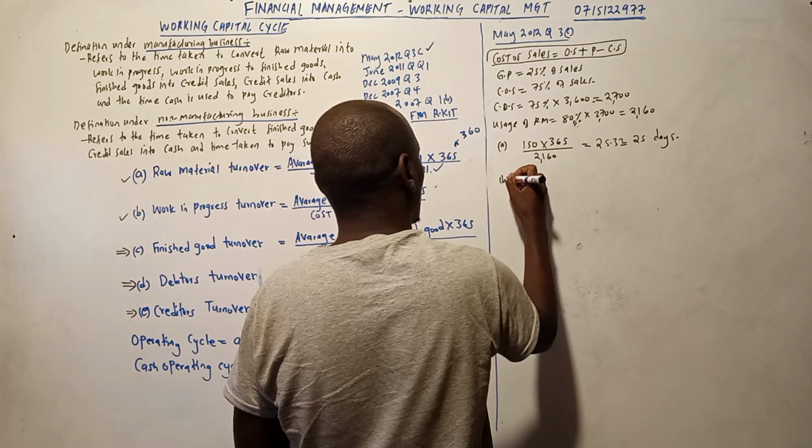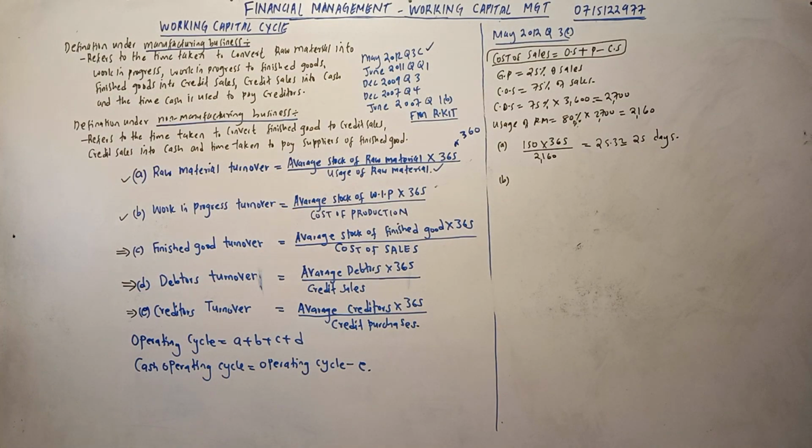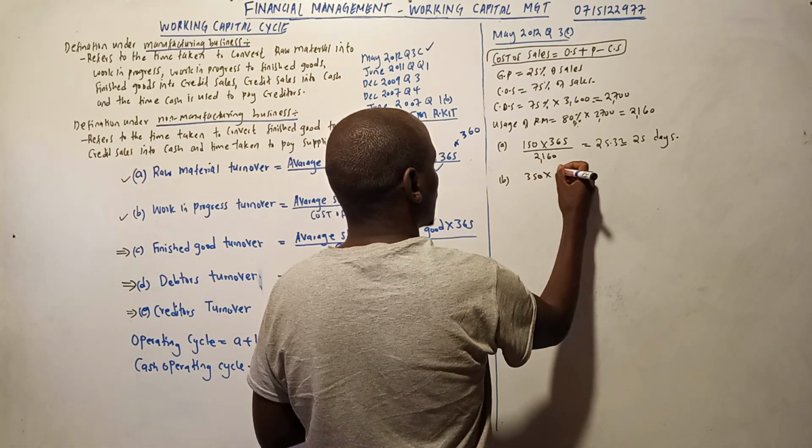Number B, work in progress. So for work in progress, we need the average work in progress, which is 350. Cost of production, do you have the cost of production? Cost of production is not given, so we go with cost of sales. So it is 350 times 365.